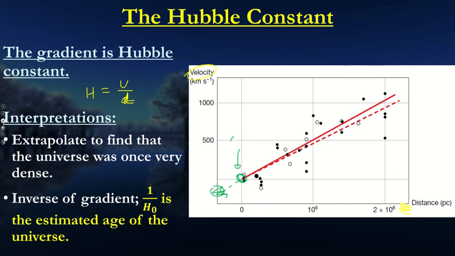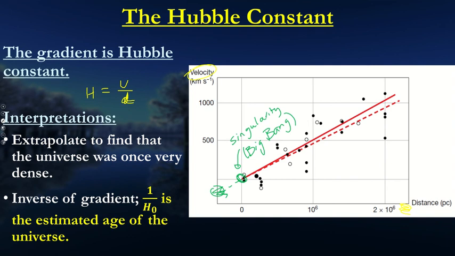This point here is what we call the singularity point. You can also call this the Big Bang moment. So this is how we extrapolate backwards to work out that if the universe was expanding really big, there must have been a point where it was very, very small.